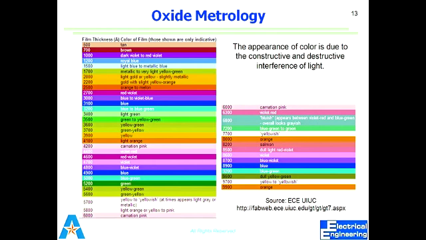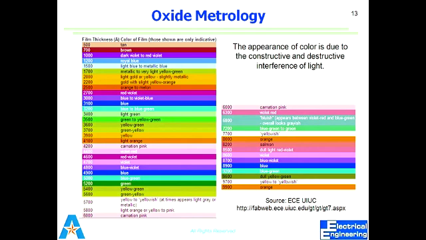Okay, the third thing would also come under optical measurement, because due to the constructive and destructive interference of light, you will see a different color of oxide, and we will experience this inside the lab as well.